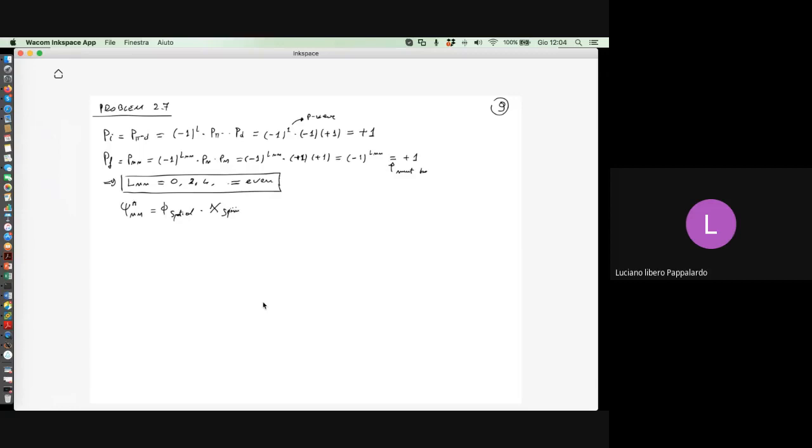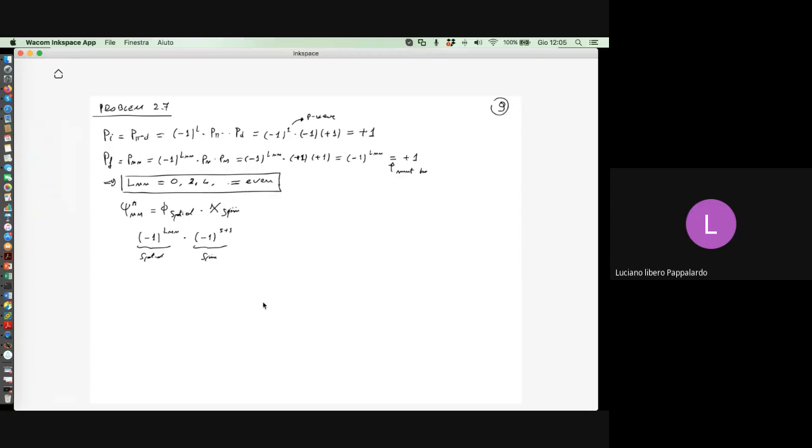Okay, and overall, the symmetry of this wave function must be negative, so antisymmetric, okay? So the symmetry is going to be (-1)^(L_nn) for the spatial part, (-1)^(S+1) for the spin component. So this is the spatial component, and this is the spin component of the wave function.